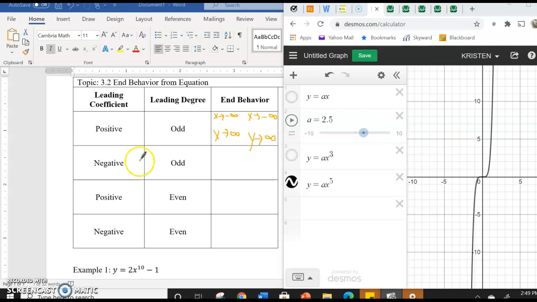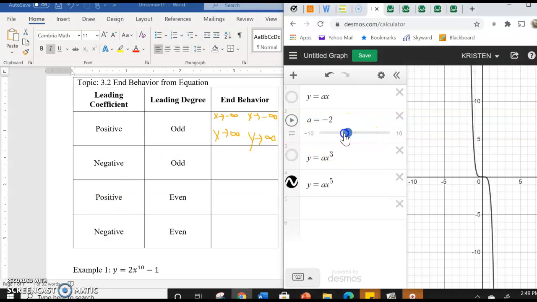Now let's look at what happens if my leading coefficient is negative. Let's change this a to a negative. What do you think is going to happen? My arrows are now flipped. The left arrow is now pointing up, and my right arrow is now pointing down.